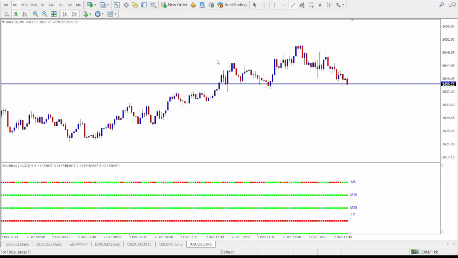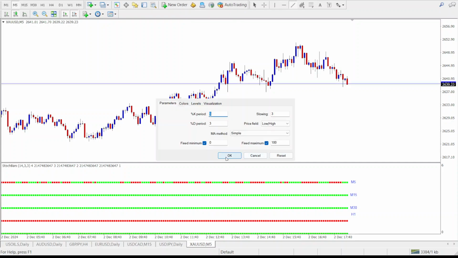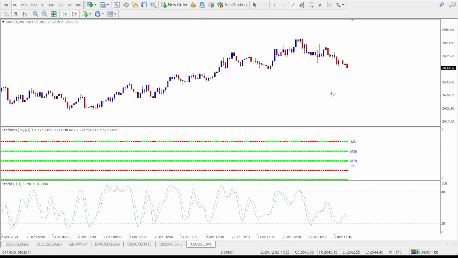Now I'm going to recommend getting confirmations. You can decide to use the traditional stochastic oscillator to get confirmations of the signals given to you by the 4TF Stoch Bars Indicator.